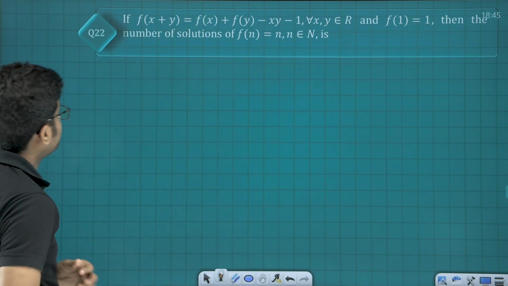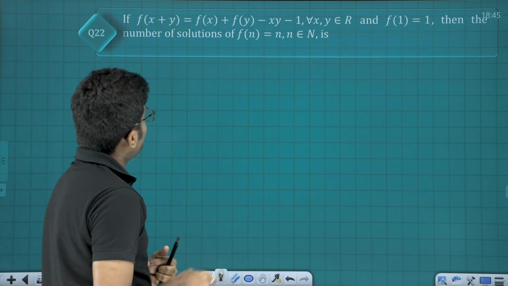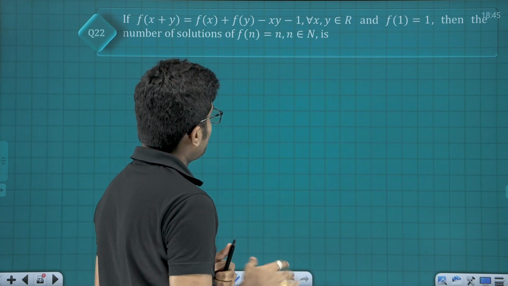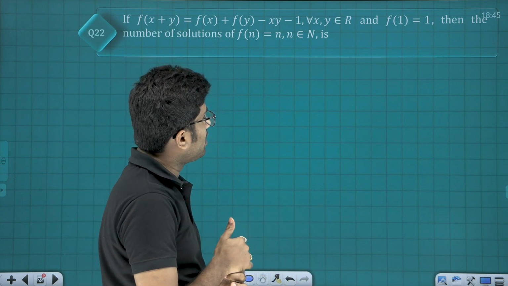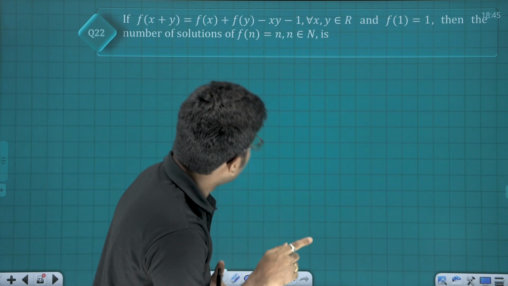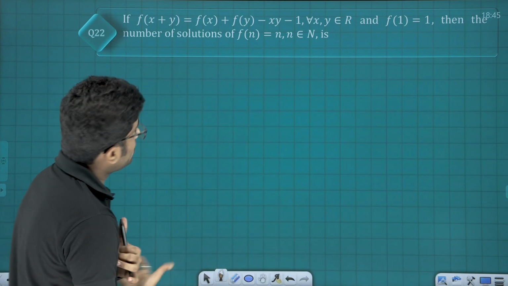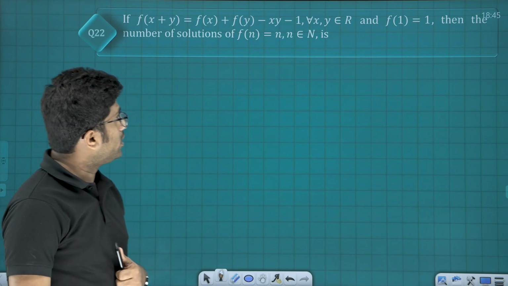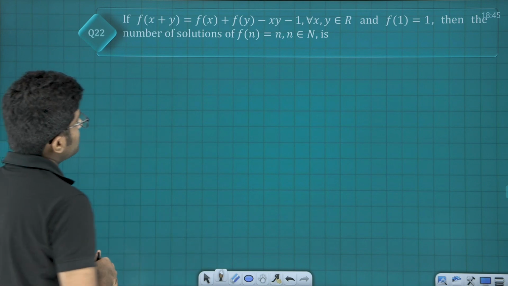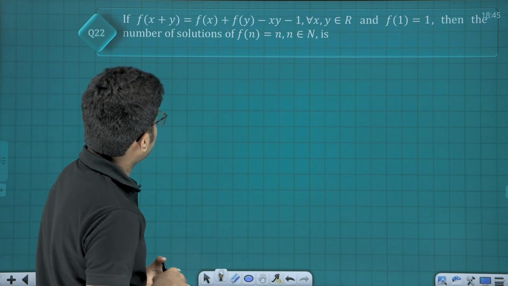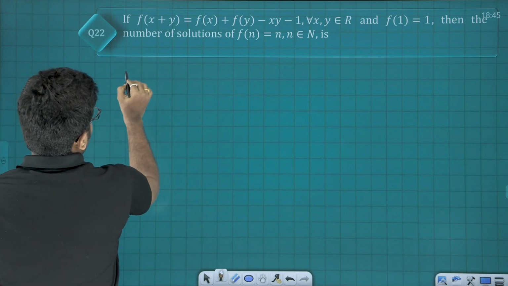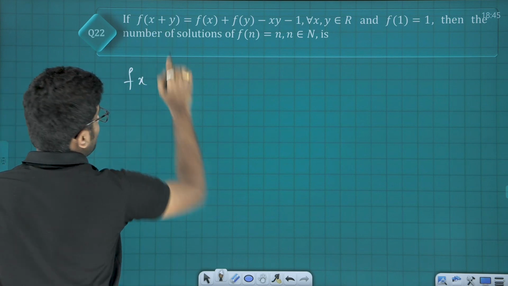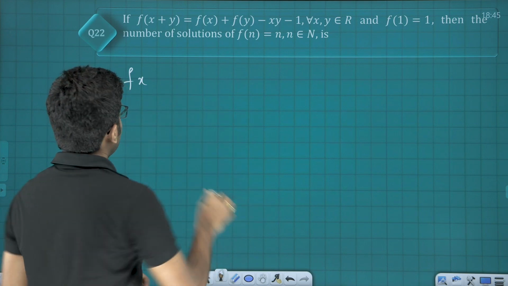Next question. If f of x plus y is equal to f of x plus f of y minus xy minus 1 for all x, y belonging to capital R, and f of 1 is 1, then the number of solutions for f of n is equal to n. Okay, let's see this, friends. Let us take x and put y equal to 1.